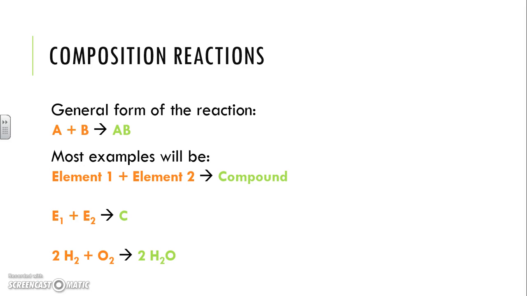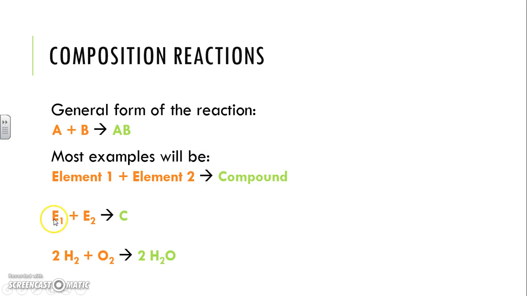Composition reactions generally take the form A plus B equals AB. So you have an element or a simple compound and another element or simple compound combining to form one compound. Most of the examples we deal with will be one element plus a second element making a compound.